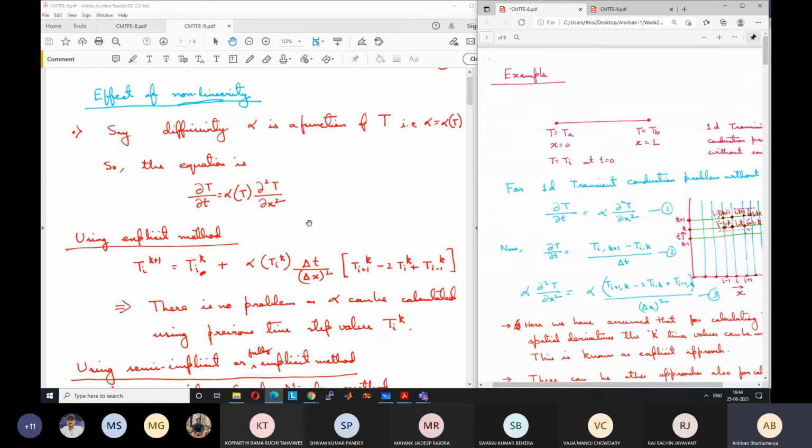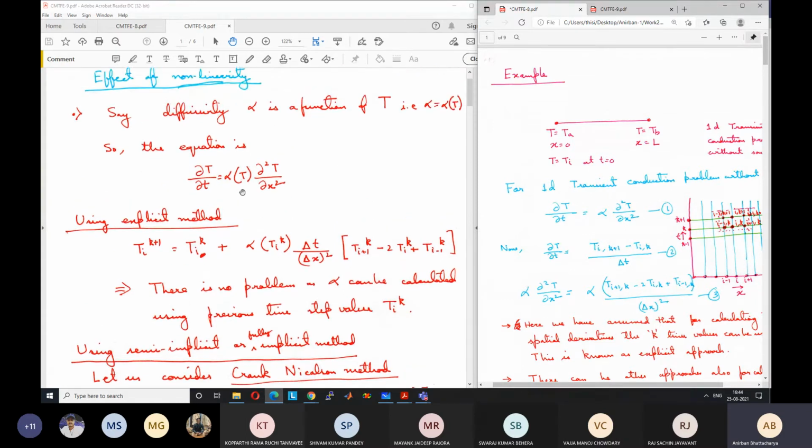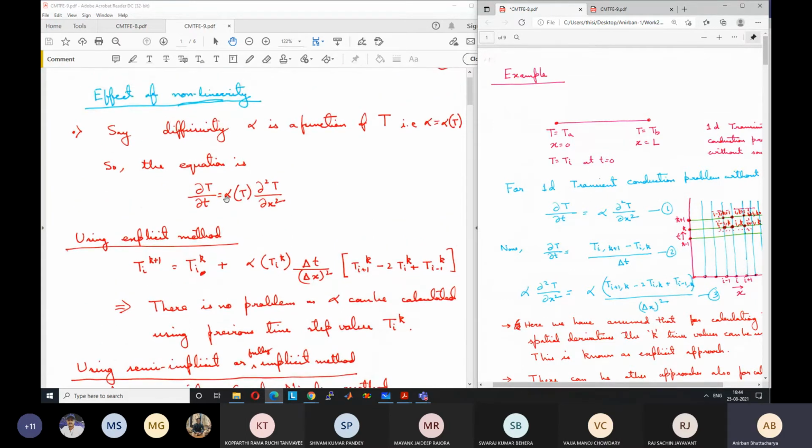Now one extra consideration comes into the picture. How to calculate the value of alpha, because alpha is a function of temperature? Which temperature to take? At least it is clear that if I am calculating alpha for the ith grid point, I have to take the temperature for the ith grid point. But whether to take the temperature at the previous time step, the new time step, or some average, we have to decide.